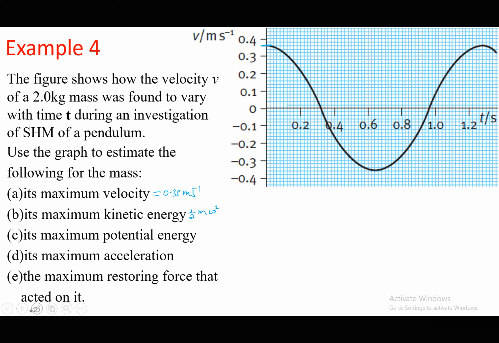Since I have maximum velocity, I can even use the equation for kinetic energy. So this can also equal a half times mass times the maximum velocity v naught squared. So this would be a half times 2 times 0.35 squared.